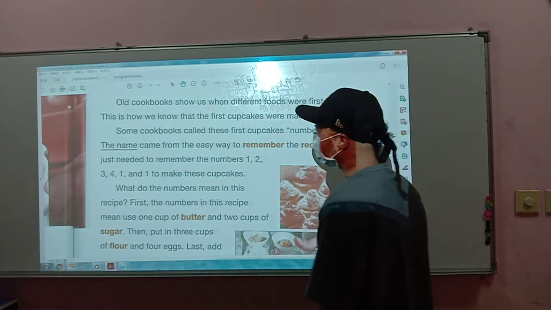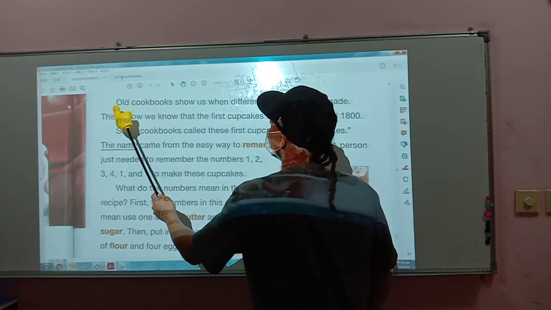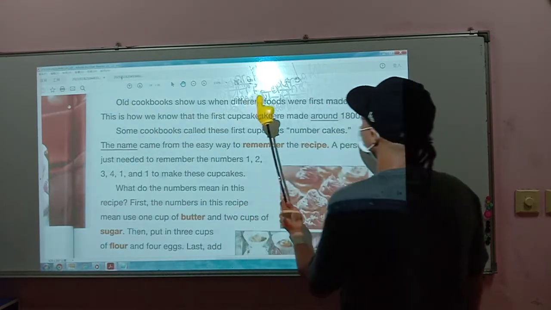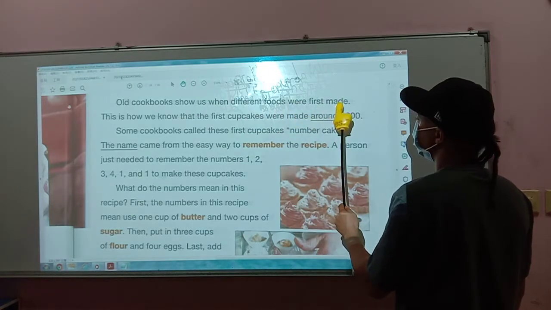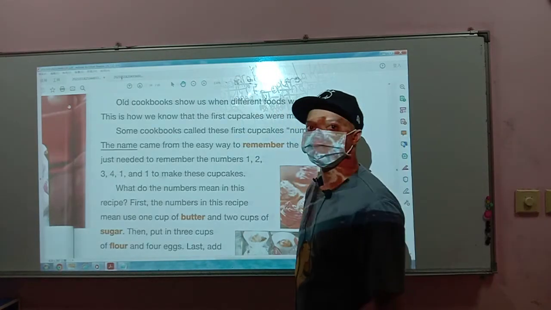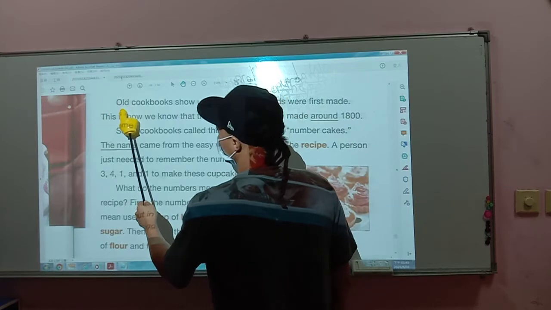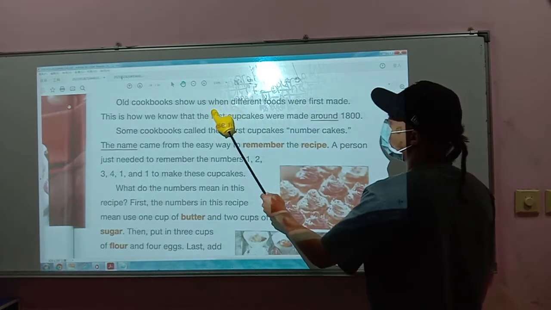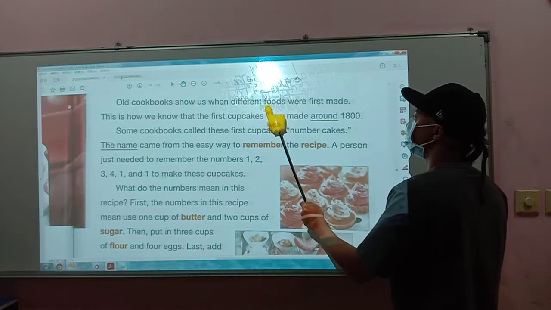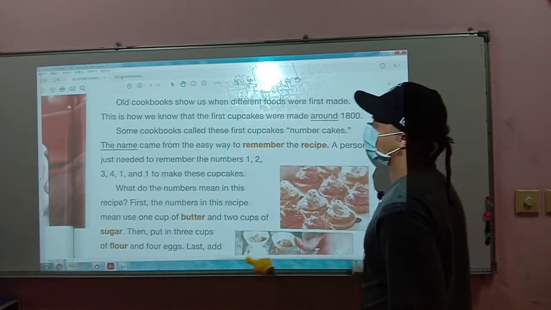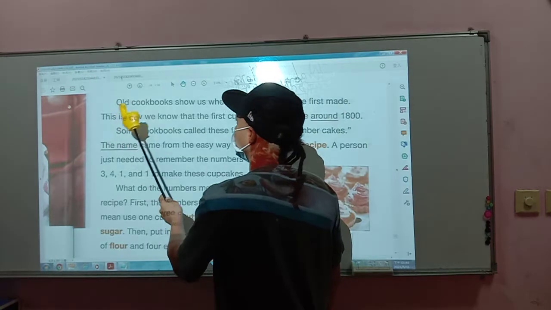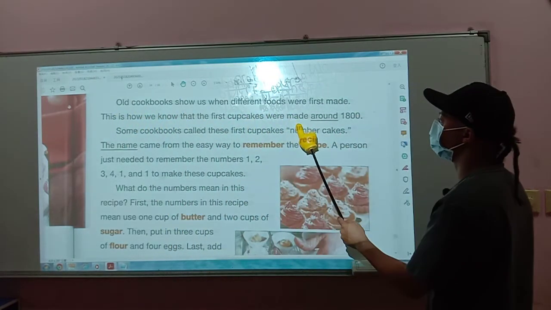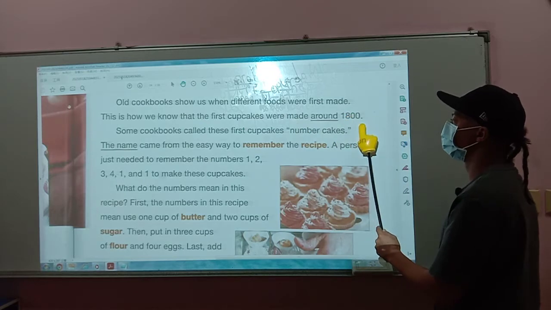So, old cookbooks show us when different foods were first made. Okay, so let's read with me. Old cookbooks show us when different foods were first made. This is how we know that the first cupcakes were made around 1800.